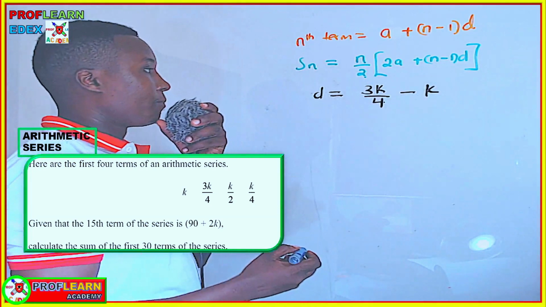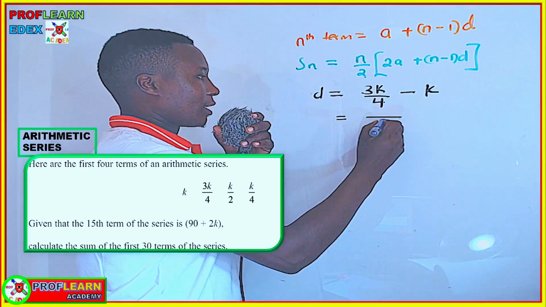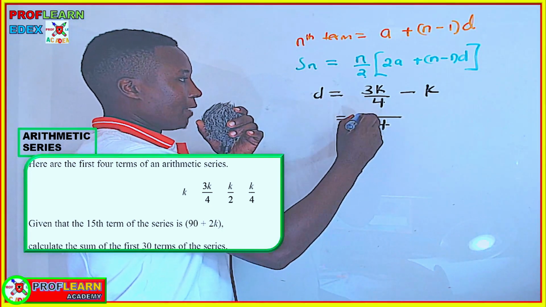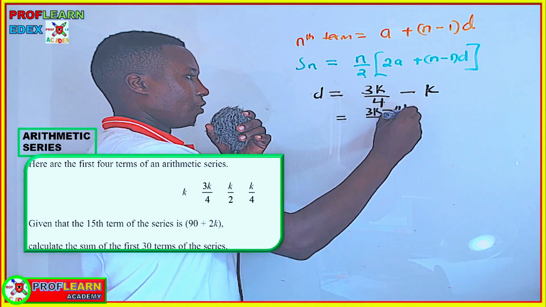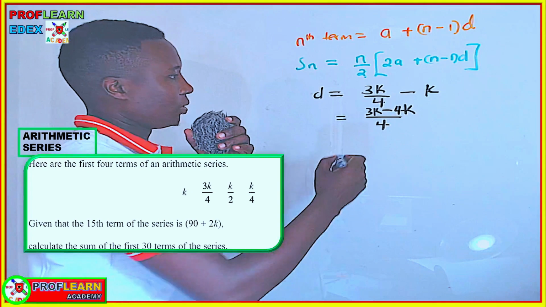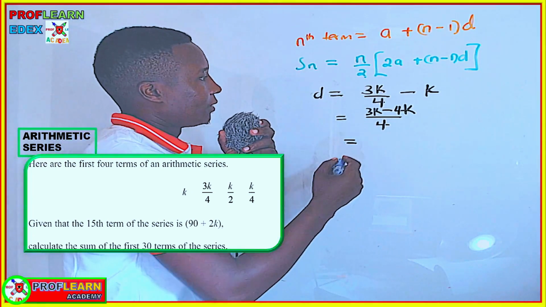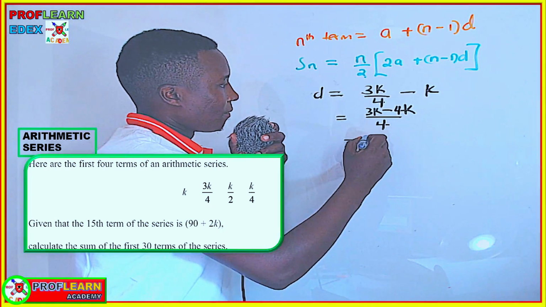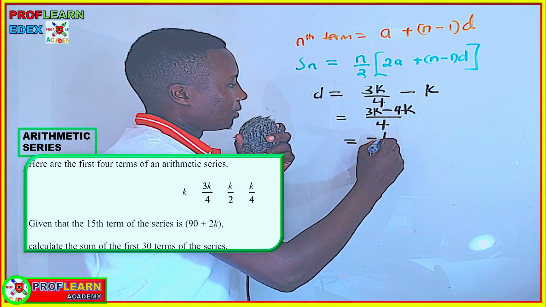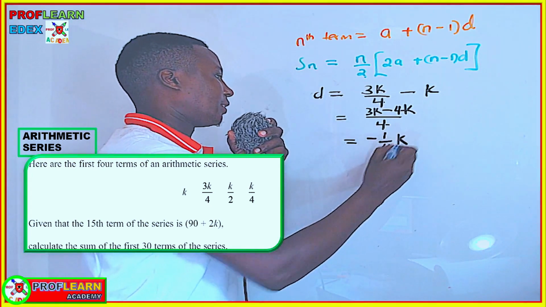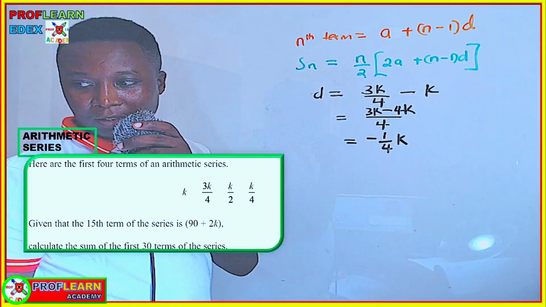This is my common difference. I can express it as a single fraction, and this is going to be 3k minus 4k, which is going to be negative 1 over 4k. That is the common difference, negative 1 over 4k.